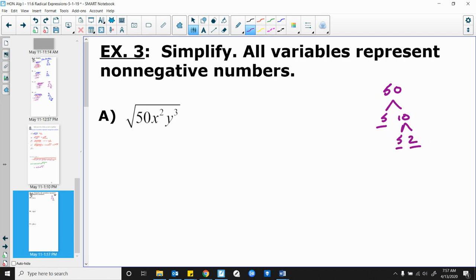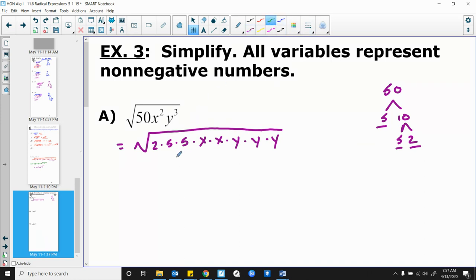Those are both prime. Now when I come over here to write it out, I want you to start with the numbers least to greatest. So 2 times 5 times 5. Then go ahead and write out everything here. So x times y times y times y. And again, there's 3 y's there because the exponent's 3.